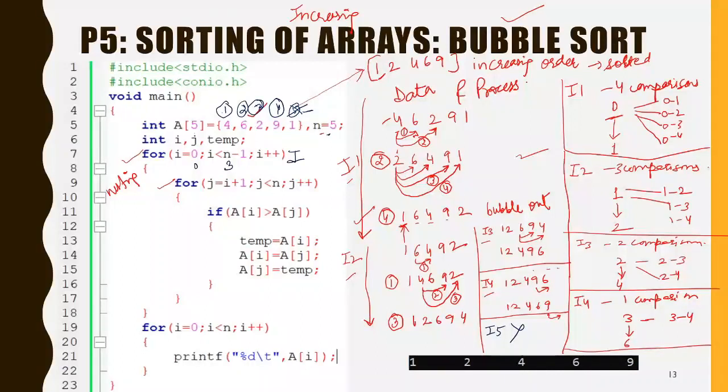Okay, now you can see in every iteration why the nesting is required: in this iteration you can see a number of comparisons has been made. If you are going for this particular element, then it is compared with all the I plus 1 elements. Okay, I plus 1 and till the last element.